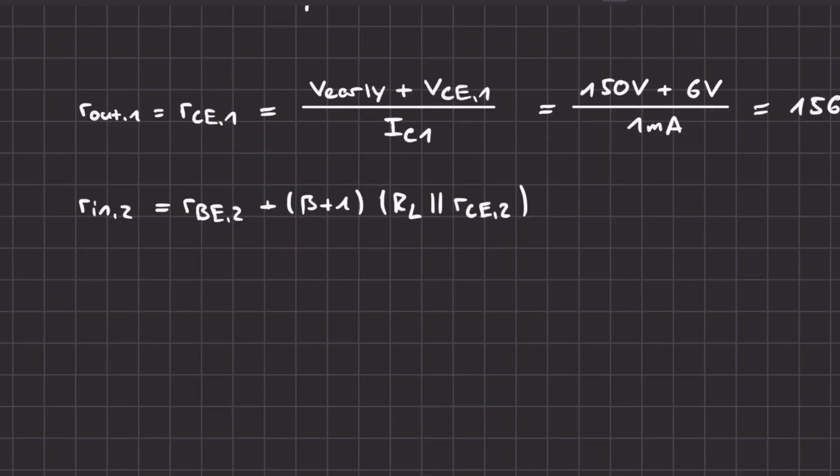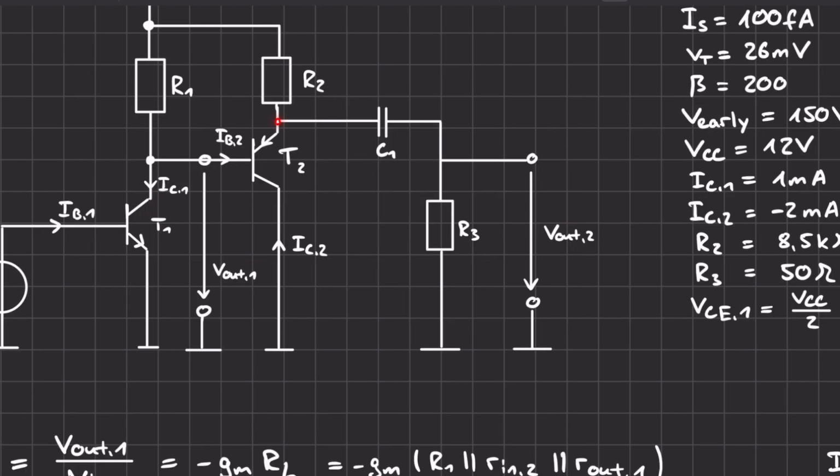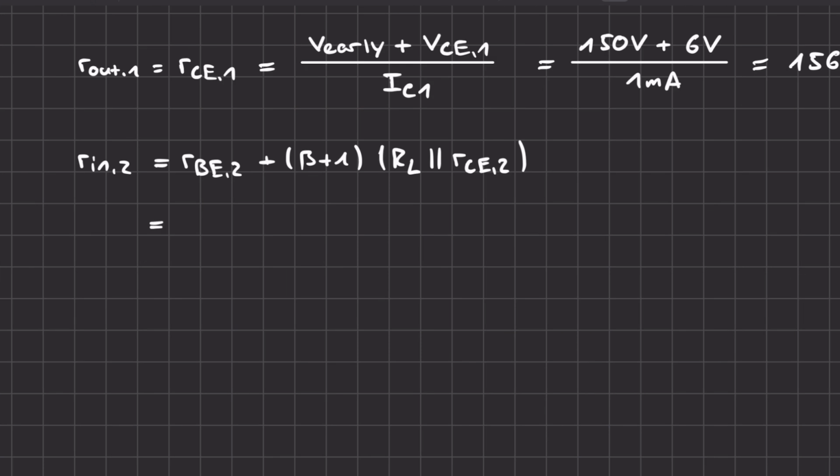The input resistance of a collector circuit is defined as the following equation. The load resistor here is basically just the resistor 2 in parallel to the resistor 3. And as we know, the base emitter resistance is just the terminal voltage times the current gain divided by the collector current.